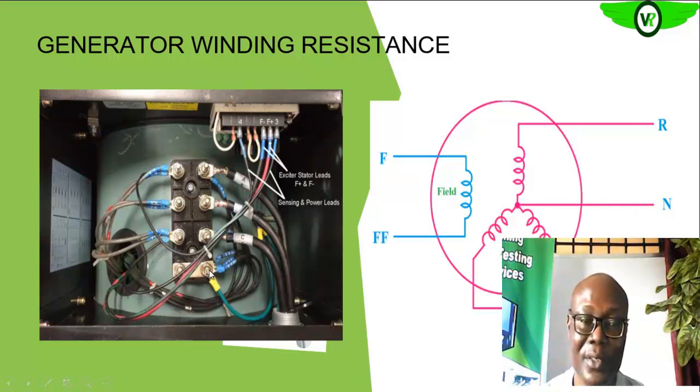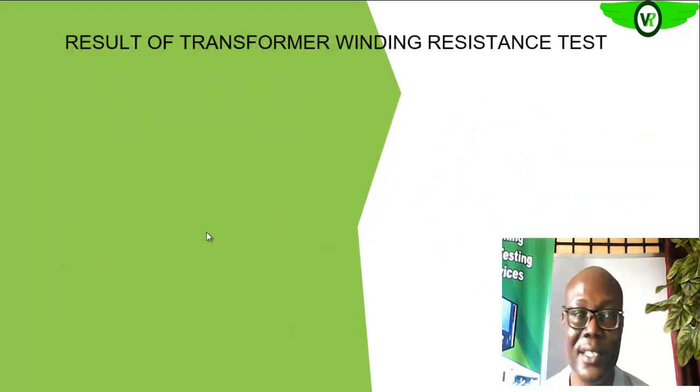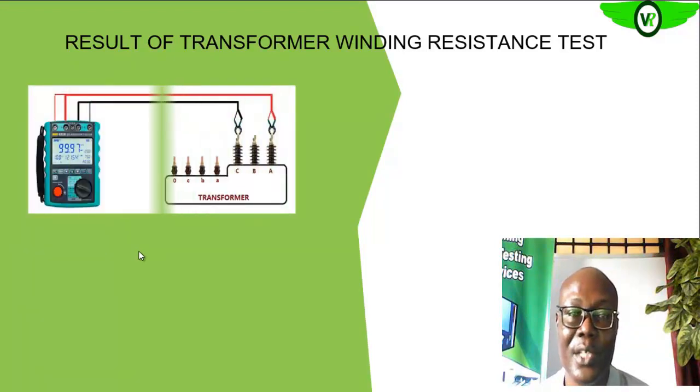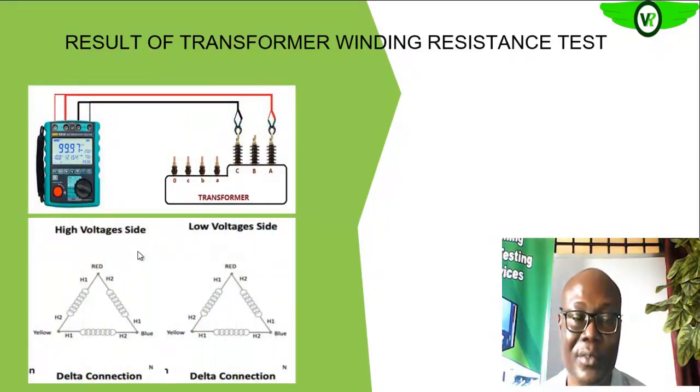From here to here will give us the A winding resistance, from here to here will give us the B winding resistance, here to here will give us the C winding resistance. So we use any low resistance meter, micro ohm meter, to carry out the winding resistance test.